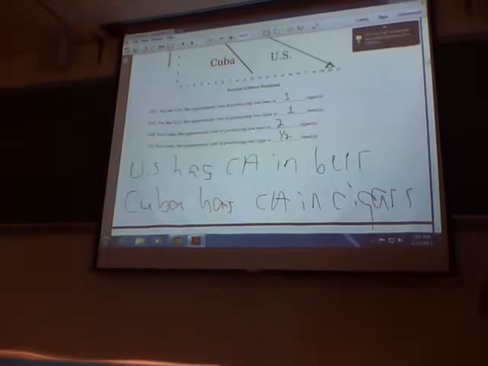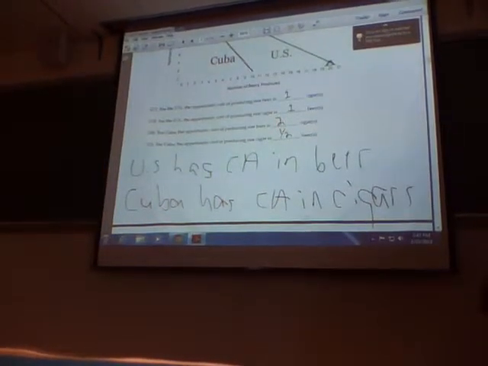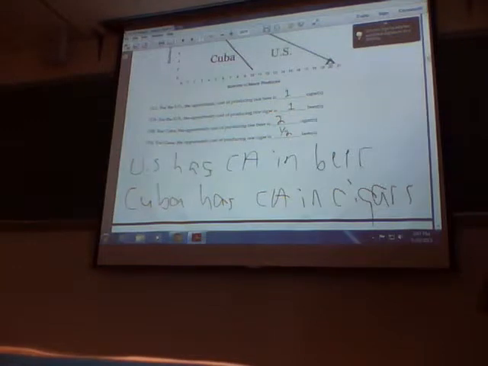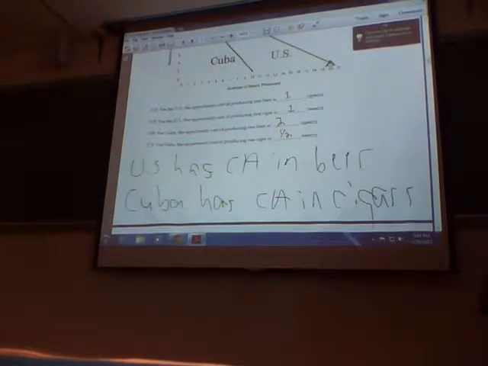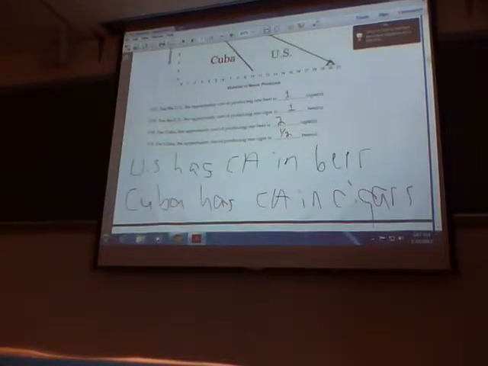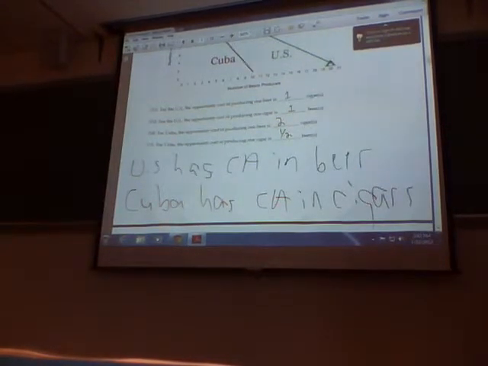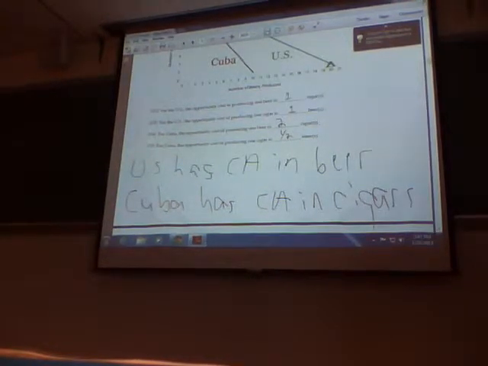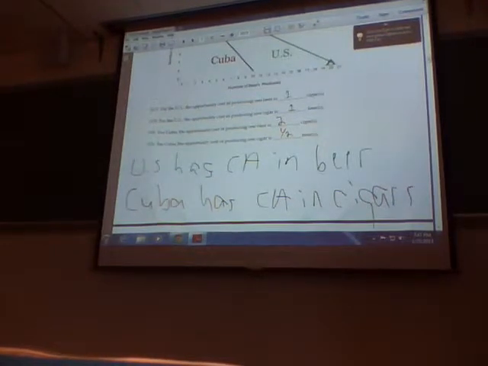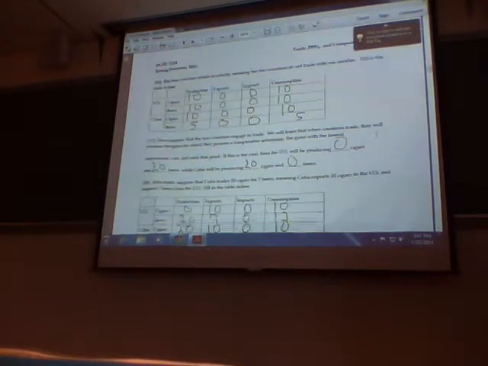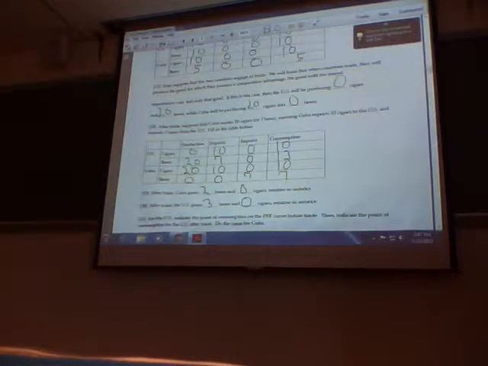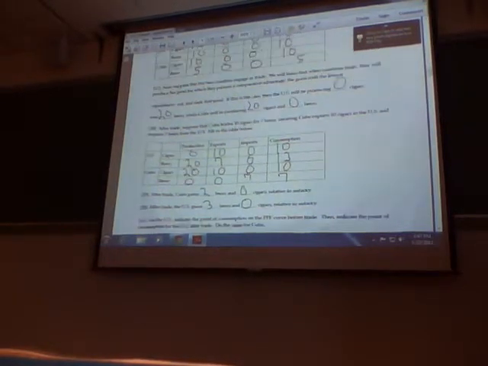So once you know who has comparative advantage in one good, you can always just assume it'll be the other group that has comparative advantage in the other. That's the information that we will use to answer number 17.